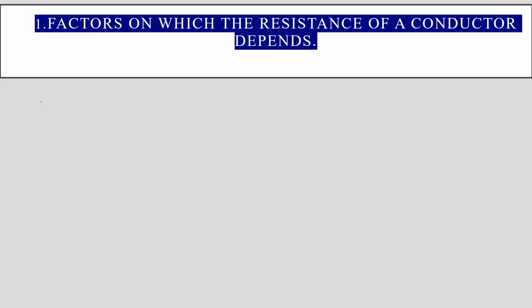So we will start with the line: at constant temperature, resistance of a conductor depends on the following factors.